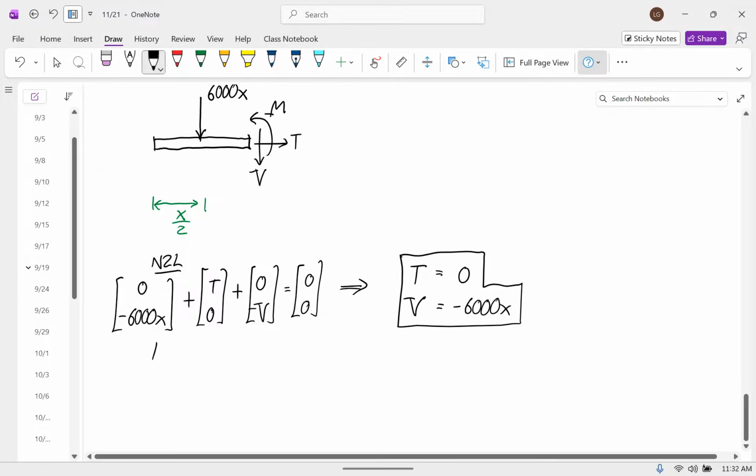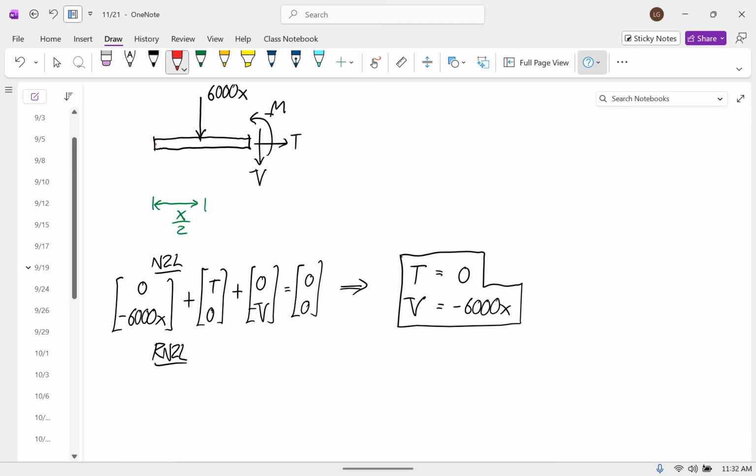And now the moment equation. Our about point is here, like always. So the moment produced by the 6,000x, there's a moment arm of x over 2. The force is 6,000x.